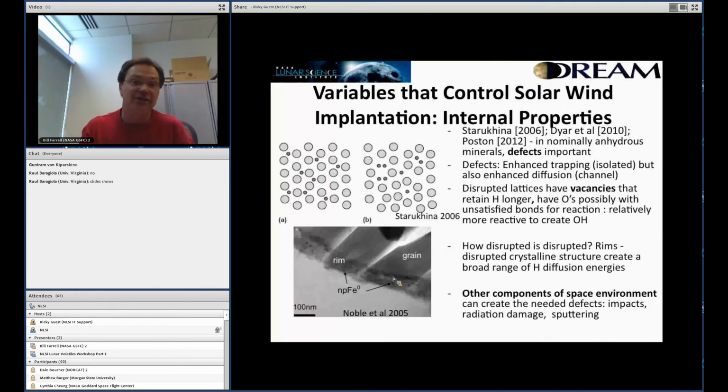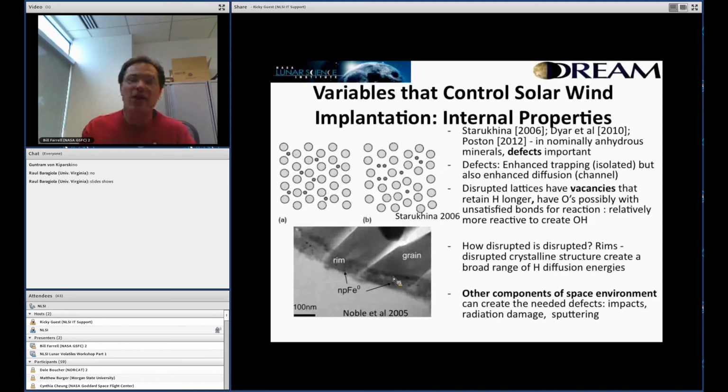In some locations, they can also enhance diffusion by creating defect channels back up to the surface. So defects can both retain H's and allow some to escape. But if you have these disrupted lattices, you'll get vacancies and possibly O's with unsatisfied bonds that will be more reactive and create the OH.